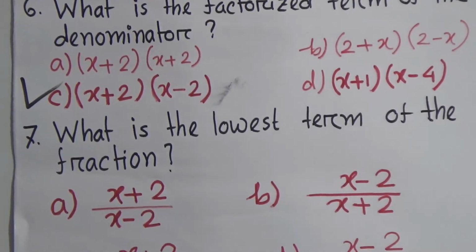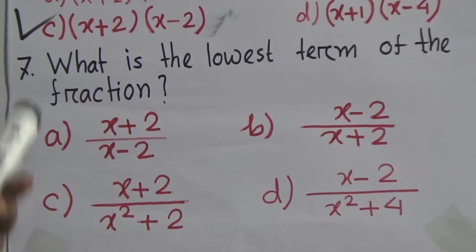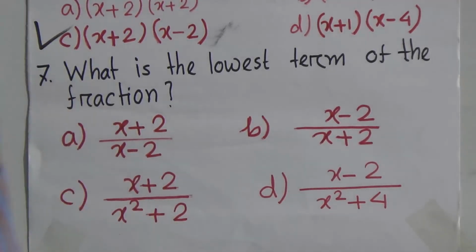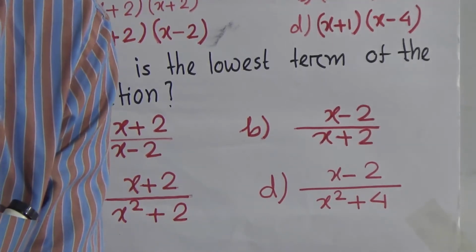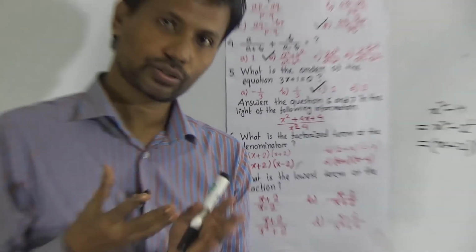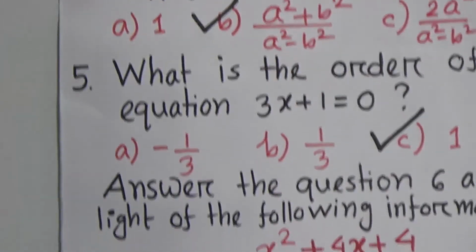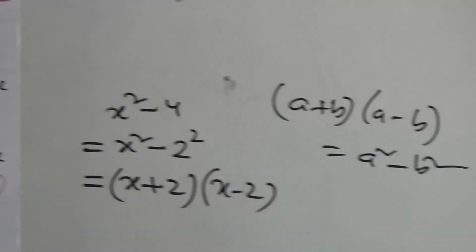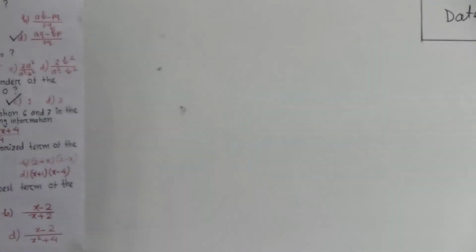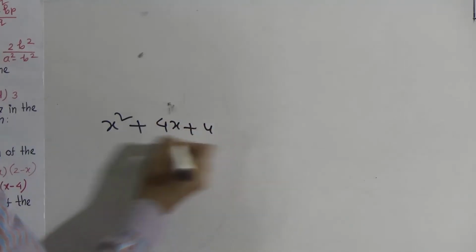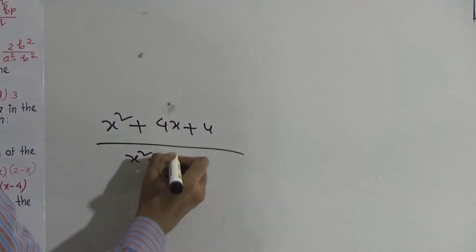Now question number 7. What is the lowest term of the fraction? That means now you have to simplify and find the reduced fraction. We have got in question 6 that x square minus 4 equals x plus 2 into x minus 2. Now you see x square plus 4x plus 4 by x square minus 4.